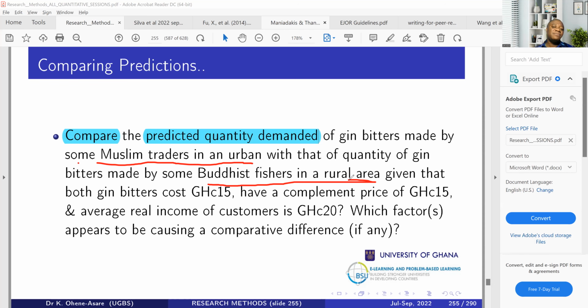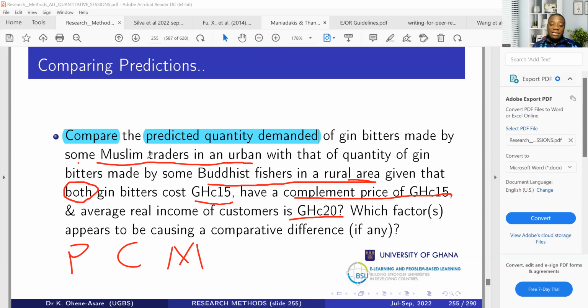But you were told that when it comes to the numerical variables, given that both, that word is important, both of them cost 5 cedis, both of them have a complement price of 15, and both of them have the average real income of the customers to be 20. So this scenario is telling you that the price is the same for all of them. The complement price is the same for all of them. The income is the same for all of them.